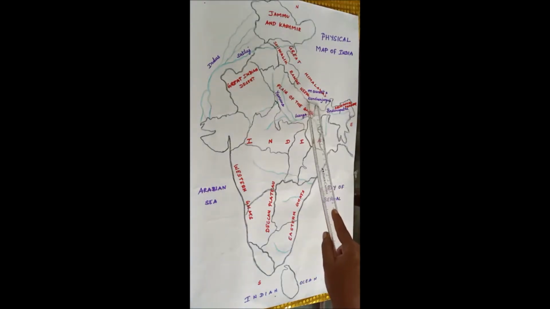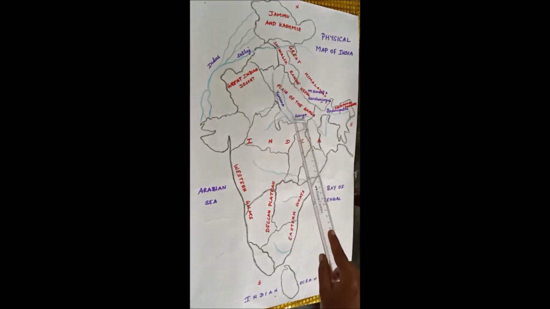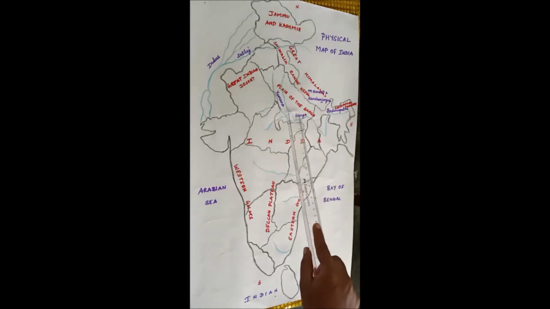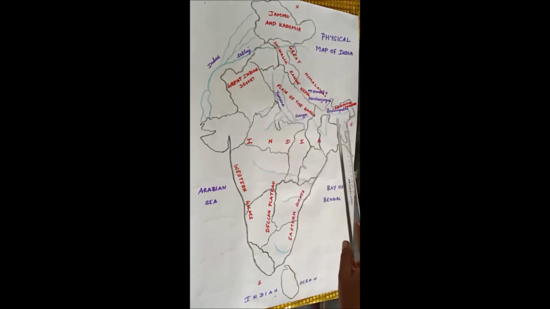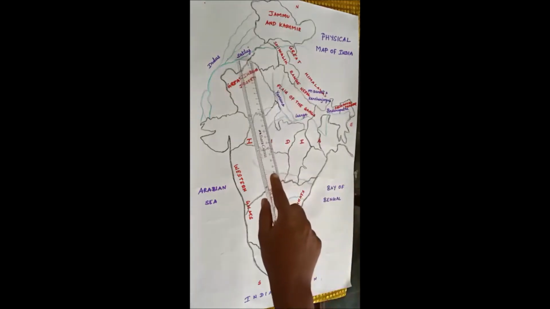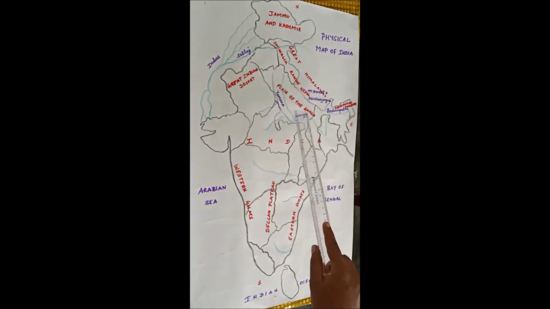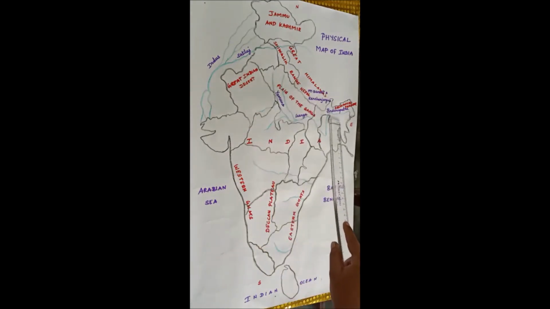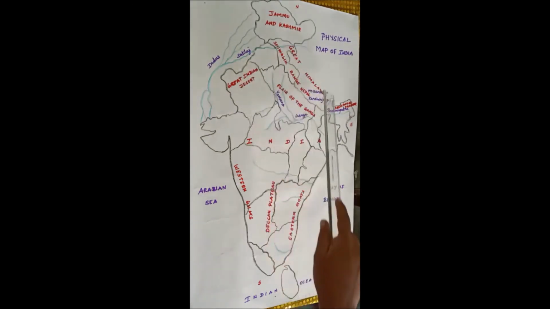Also I said about the perennial rivers: Ganga, Yamuna, Brahmaputra and Satluj. This is all about Himadri.